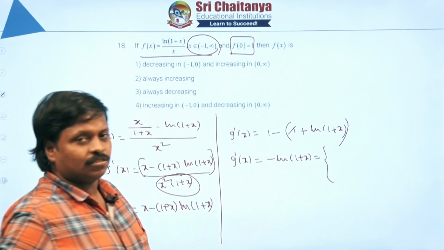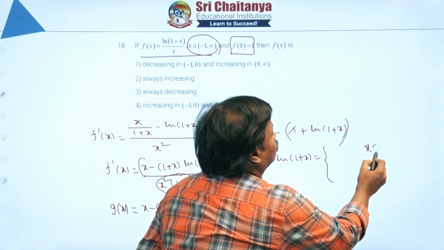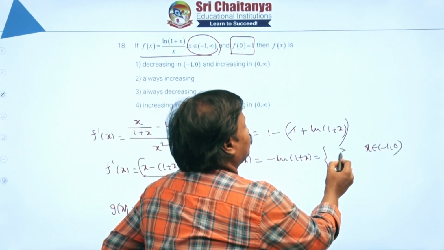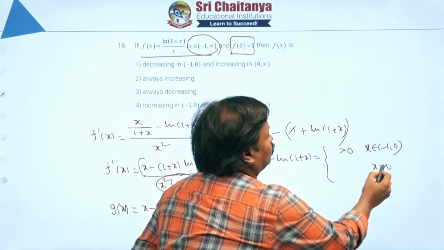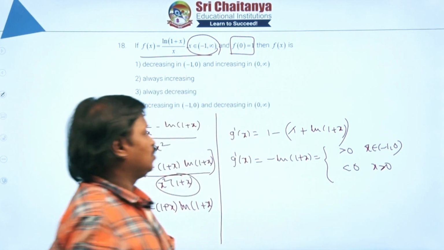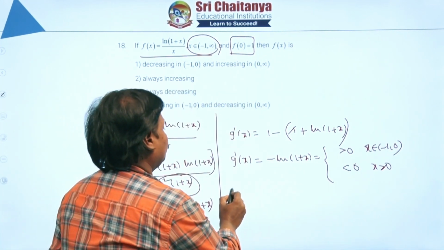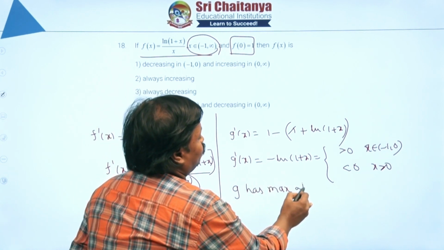When x is negative, this will be positive. When x is positive, this is negative. That means g of x has maximum value at x equals 0. g has maximum at x equals 0.